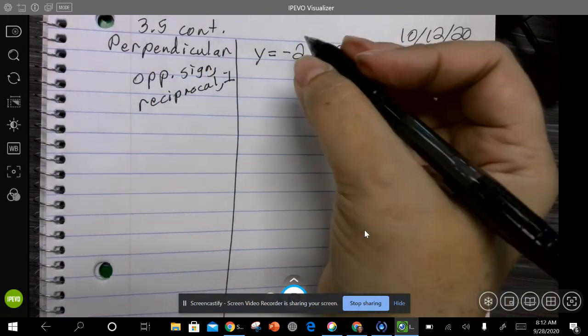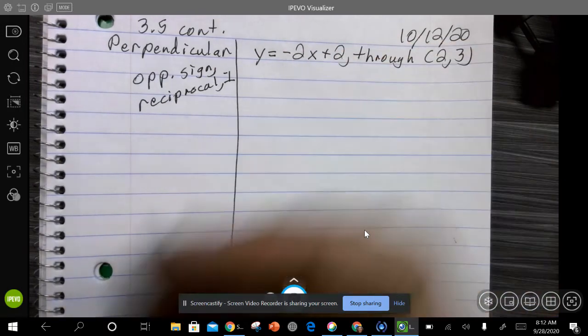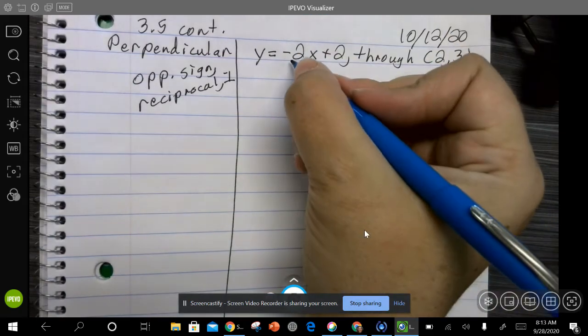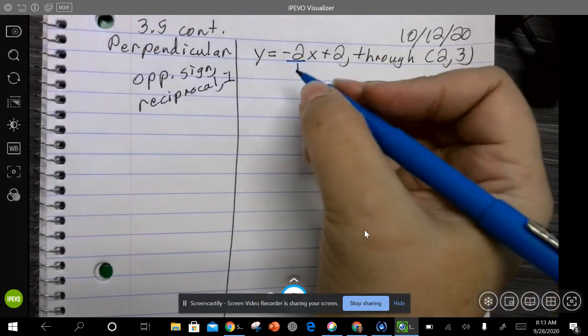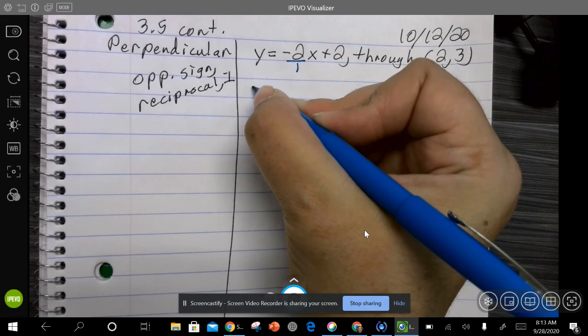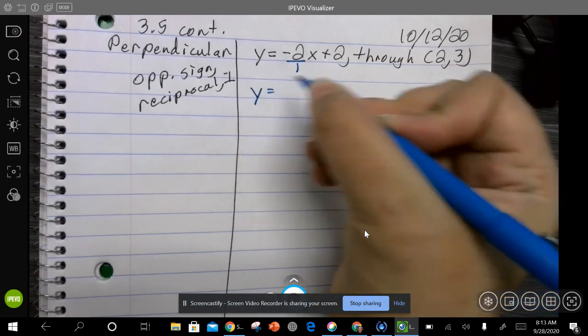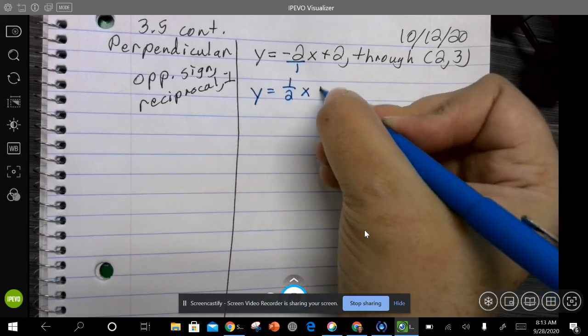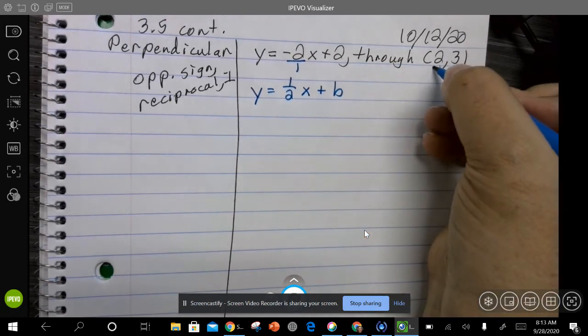So if I put this over 1, opposite sign means it's going to become positive. Reciprocal, so 1/2 x plus b.